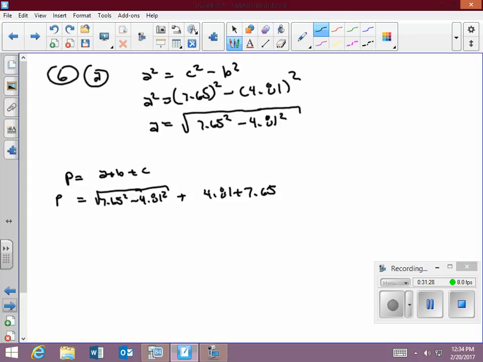And then the area is 1/2 times A times B, where A is this thing, times the B, 4.81.